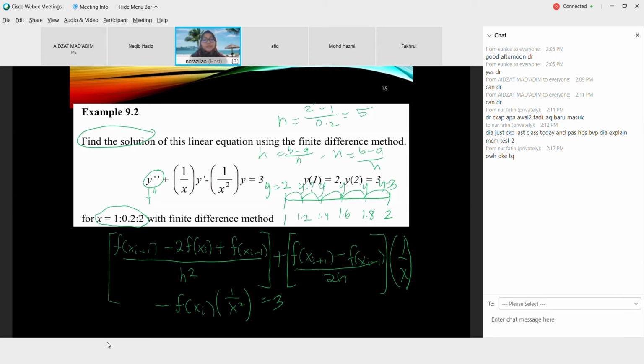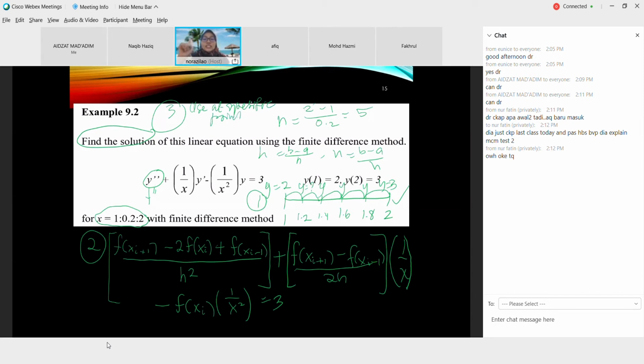Okay, so after you write this one, after you draw this grid line, you must go to the step number 3. So this is step number 1. So this is step number 2. So this is step number 3. Step number 3 is actually change this fxi plus 1 at specific point. Use at a specific point.